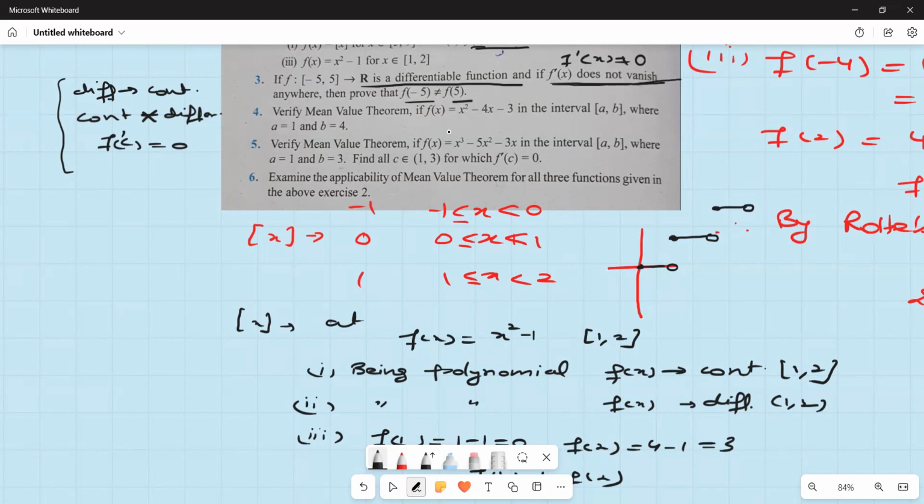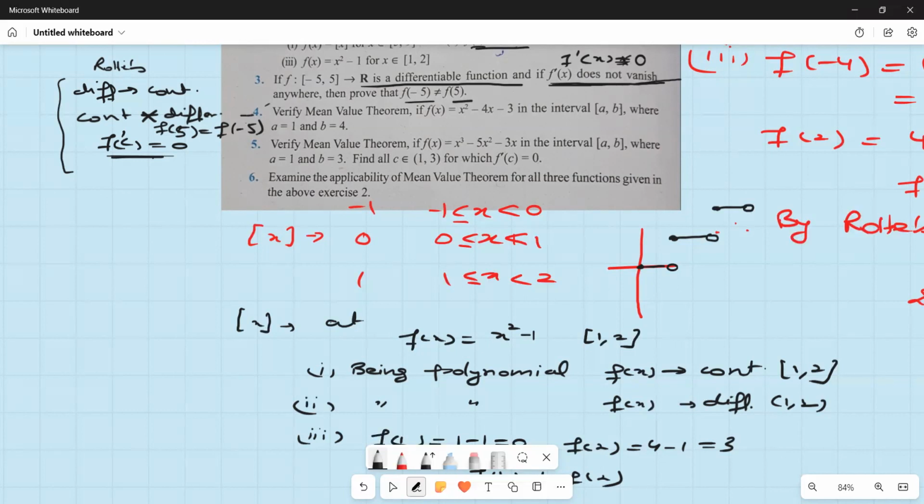So if we say Rolle's theorem is applicable over here, then that is a contradiction, because it says f dash x is not becoming 0. But by this, if we take f of 5 is equal to f of -5, then f dash c should be 0. But it is not equal to 0. This is given to us.